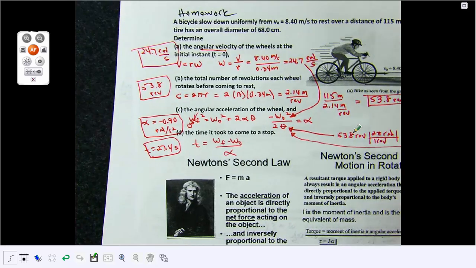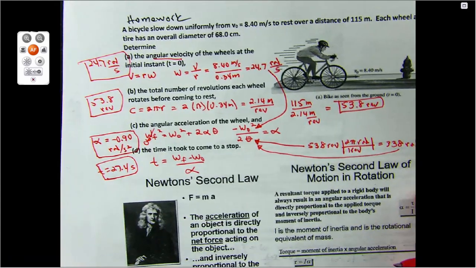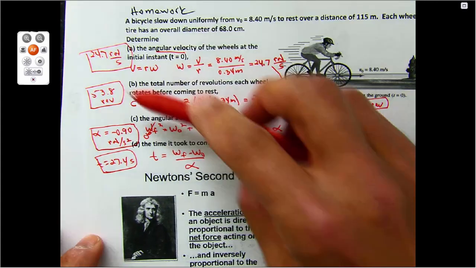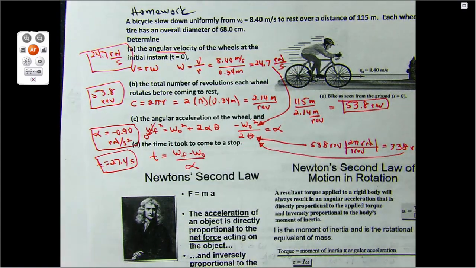As if you did the homework on this bicycle problem. So if you want to jot them down on the side, then we're going to move on with some torque problems.